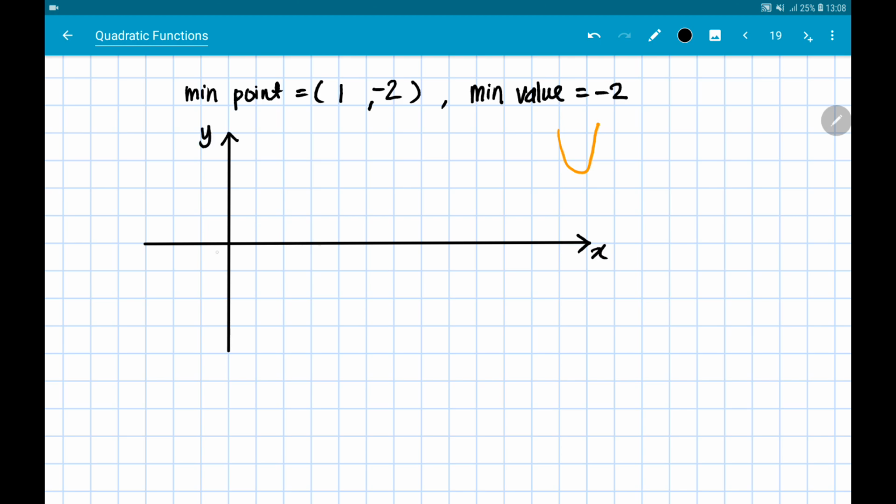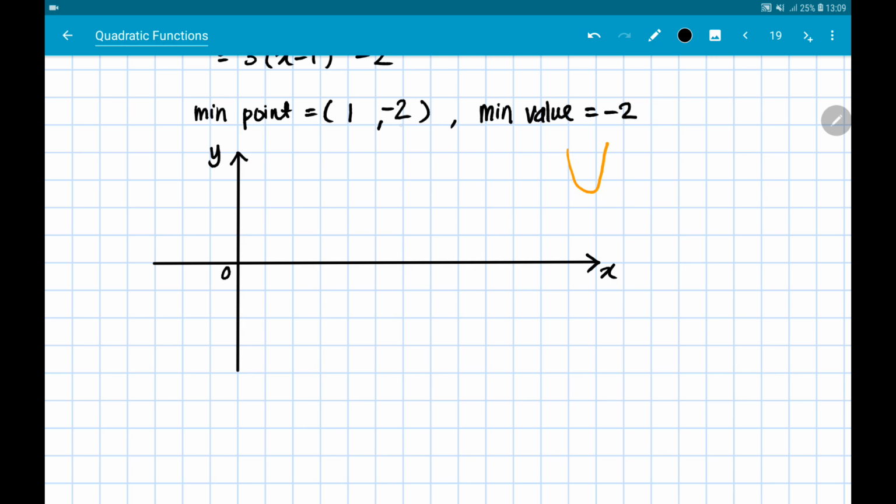And this is the origin, which is 0. Now, what I know so far is that the minimum point is (1, negative 2). So using simple logic, I know that the number 1 should be somewhere here and the number negative 2 on the y-axis should be somewhere here. It does not need to be drawn accurately because it is only a sketch.